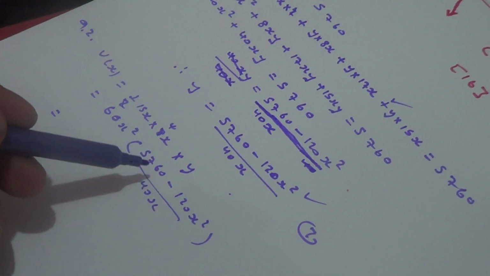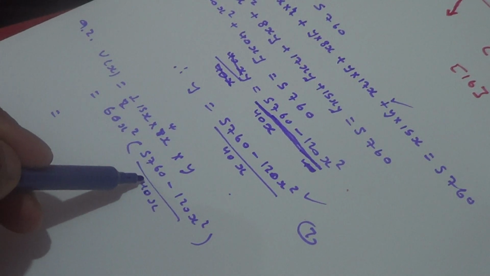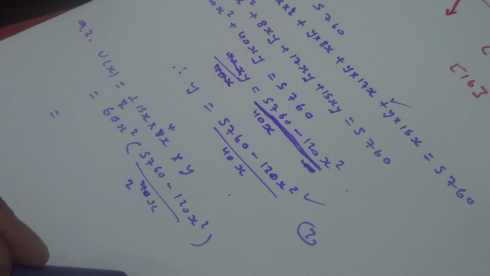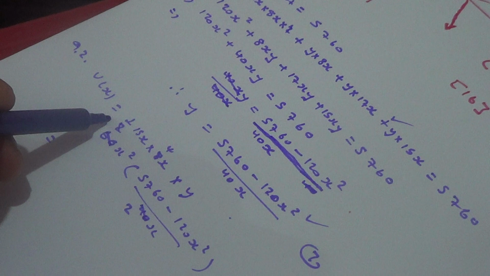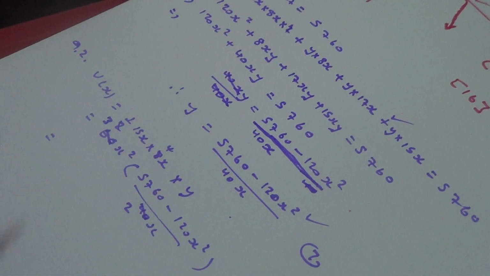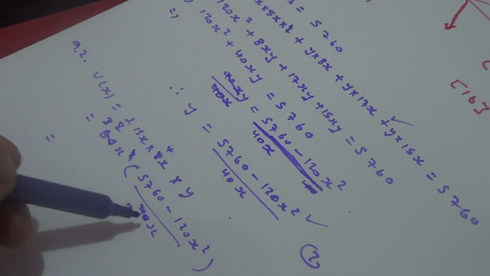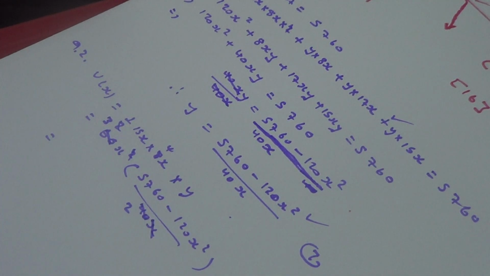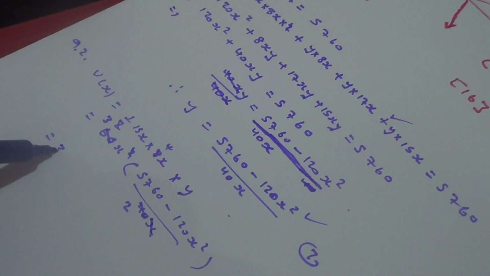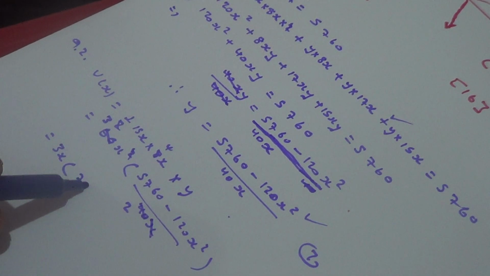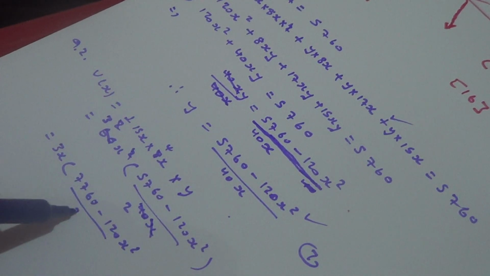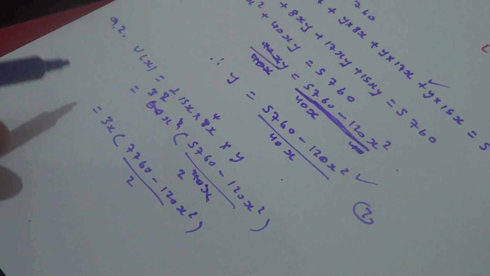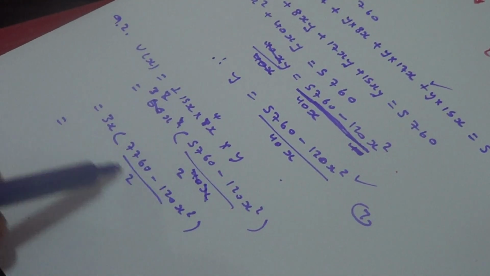Now we know here that 20 into 40 goes 2 times. 20 into 60 goes 3 times. Okay, so we're solving now, and then this takes down that x at the bottom, because this is divisible. So now we have here 3x into 5,760 minus 120x squared over 2. Now we can break this up.